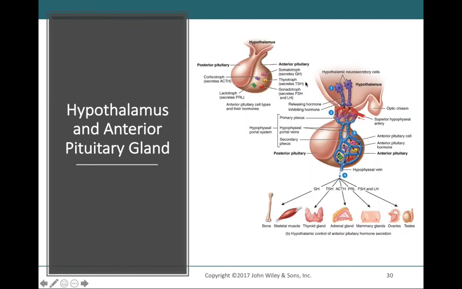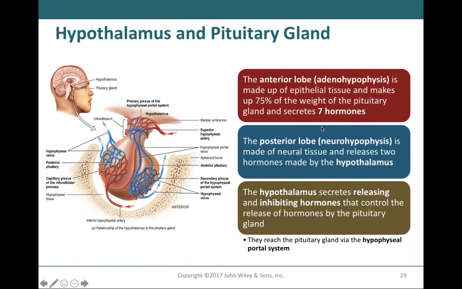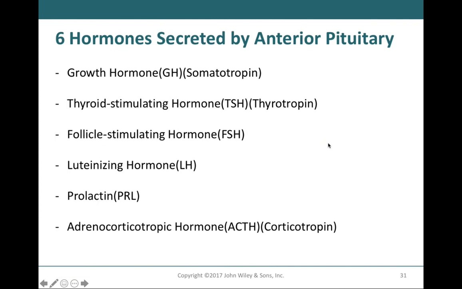So once again, we've seen this slide. We have these different groups of cells that are found in the anterior pituitary. We now know that those releasing hormones and inhibiting hormones are going to get to the pituitary through the hypophyseal portal system. But once those hormones get to the anterior pituitary, they're going to affect these cells to release additional hormones. And we saw on this slide that there's actually 7 anterior pituitary hormones, and there's 2 posterior pituitary hormones.